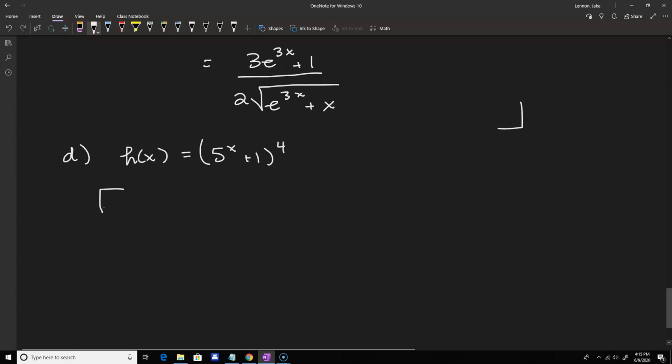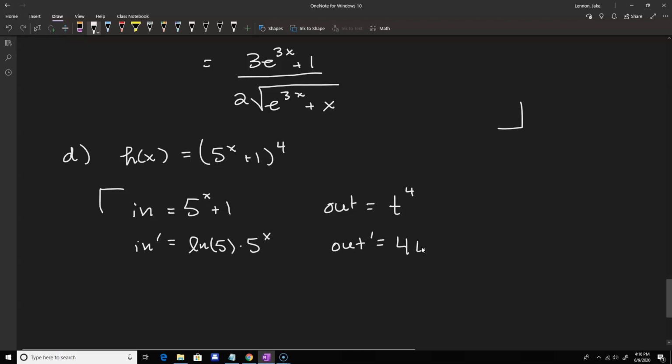So here the inside function is 5 to the x plus 1, and the outside function is t to the 4th power. So the derivative of the inside function is the natural log of 5 times 5 to the x, and the derivative of the outside function is 4 times t cubed.